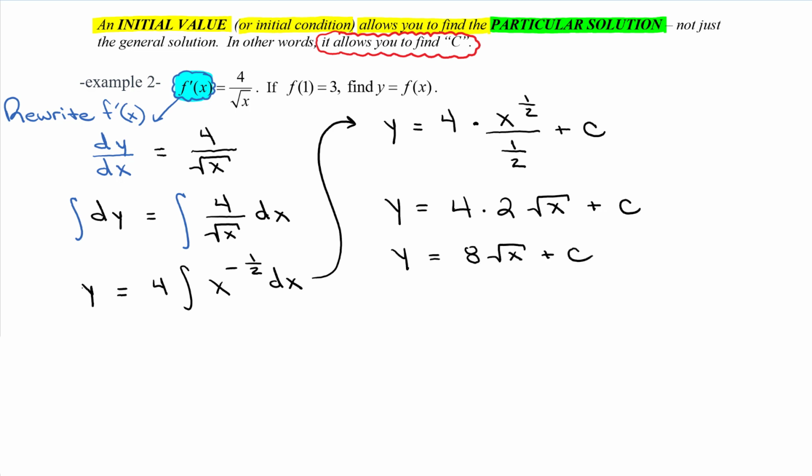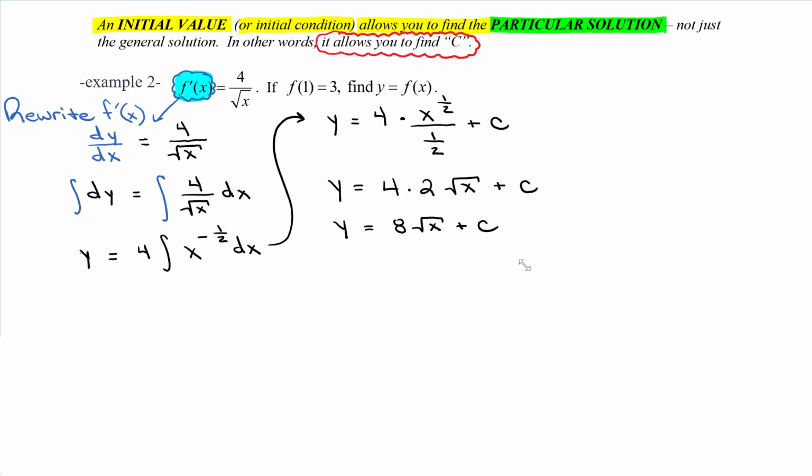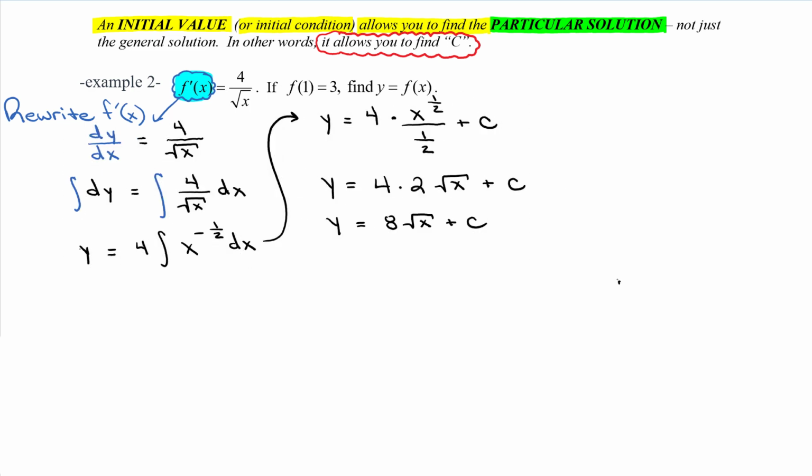Okay, now we're ready to find our c value. Before I do that, let's make this a little bit smaller so I have more space to write on the screen. Let's write x equals 1. I know that x is equal to 1 based off of my initial value.